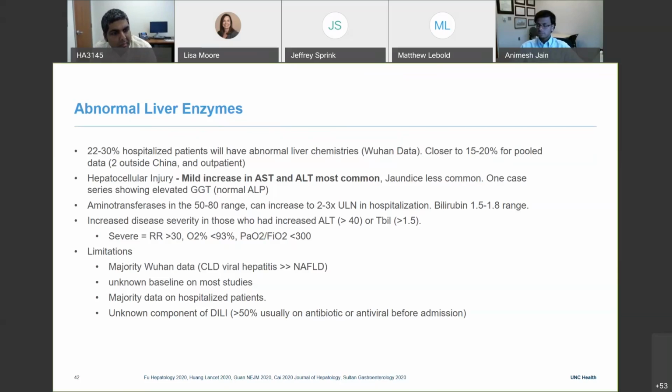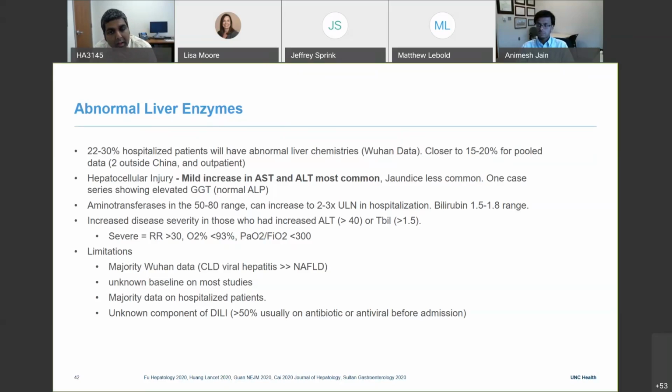Again, the data is pretty limited in terms of where we're getting the sources from. A lot of this is coming from the Chinese data, where their prevalence of chronic liver disease is a little bit different than the U.S. population, where they're seeing a lot more viral hepatitis versus fatty liver disease in the U.S. A lot of these studies were done on hospitalized patients, so we don't really know what their baseline liver enzymes were.